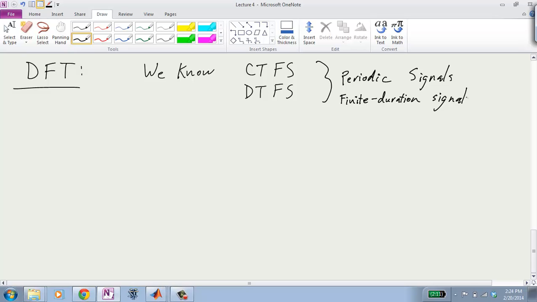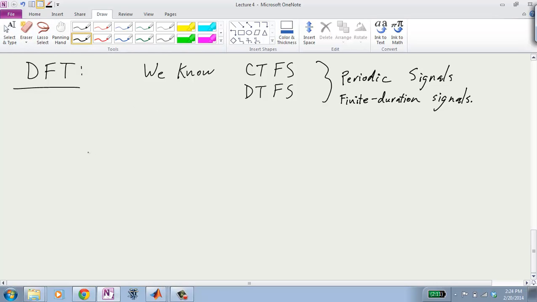And when you use the discrete time Fourier series on a finite duration signal, you interpret the finite duration as starting at 0 and going towards the end of its duration and repeating. Therefore it's periodic. So there's an easy mapping between finite duration signals and periodic signals. That's just their periodic extension.